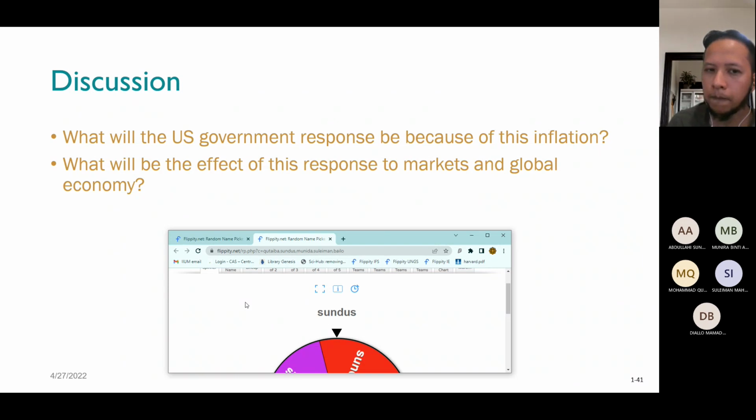Lower the employment, yeah. How can the government lower the employment? Any idea? No.